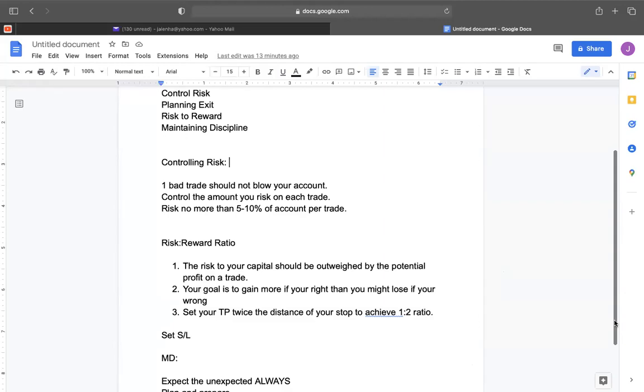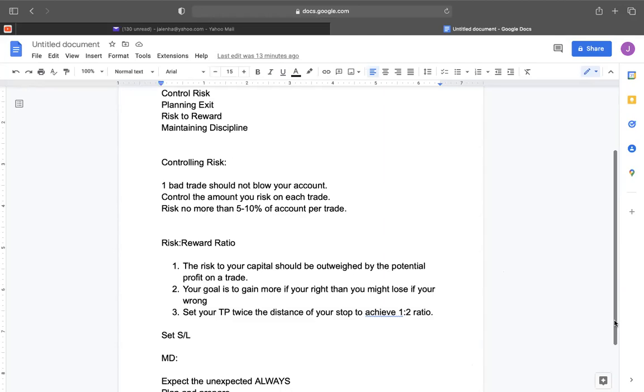So your goal is to gain more if you're right than you might lose if you're wrong, right? I don't know if that just made sense. Let's repeat that. Your goal is to gain more if you're right than you might lose if you're wrong. So let's put that into numbers, right?